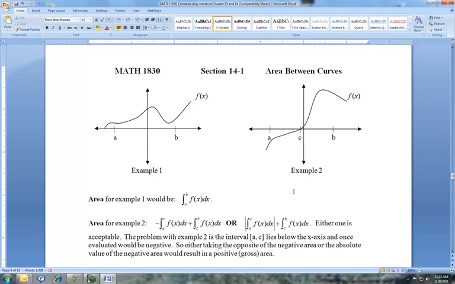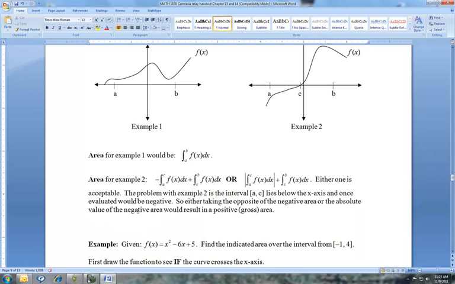But normally these are the easier 2 ways to do it. So technically, there are 3 ways. Any are acceptable, but it says in example 2, the interval AC lies below the x-axis, and once evaluated would be negative. So either taking the opposite of the negative area, or the absolute value, or taking the integral from C to A will result in a positive gross area.